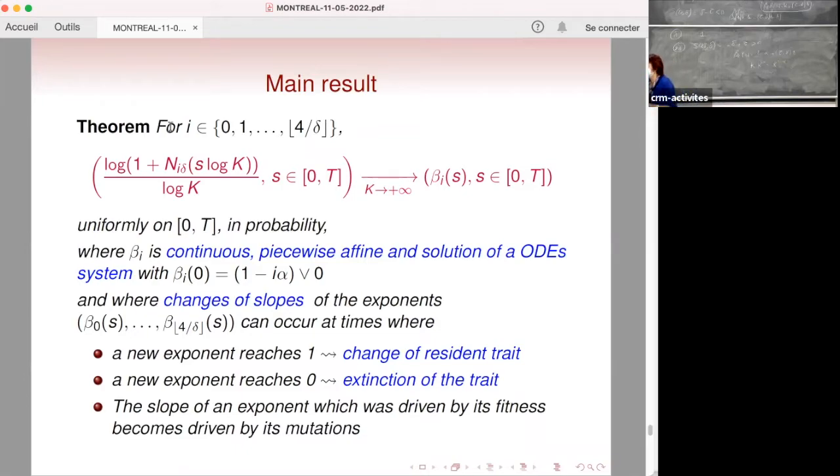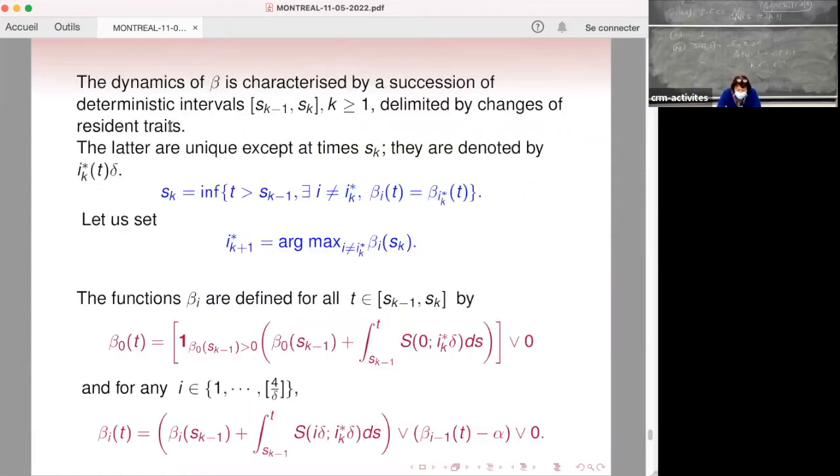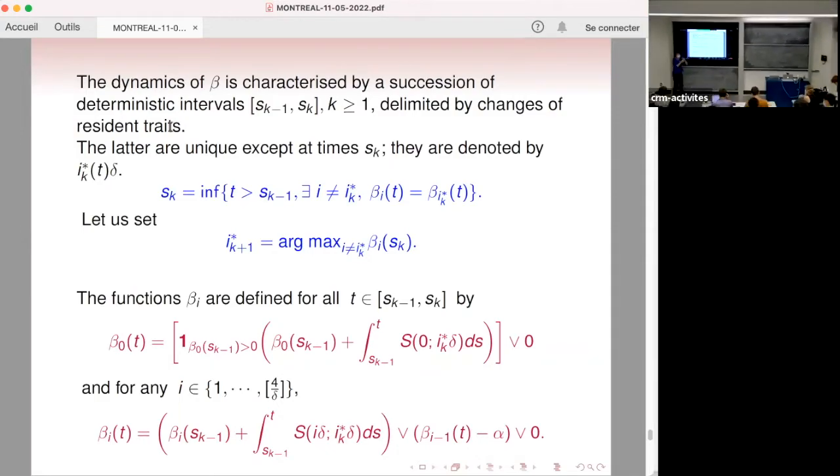But so we have this expression, and as we have seen in the example, you have a succession of deterministic intervals which are delimited by the s_k, which are the times where the slope changes. And we can have a definition of this time s_k, because you have seen in the example two exponents which arrive at the same value, and that's the place where things happen and competition happens between both traits.